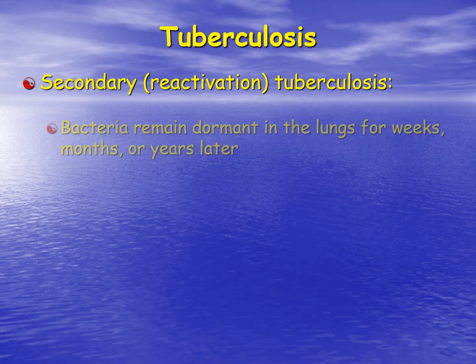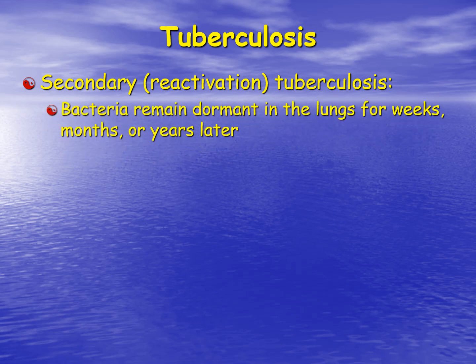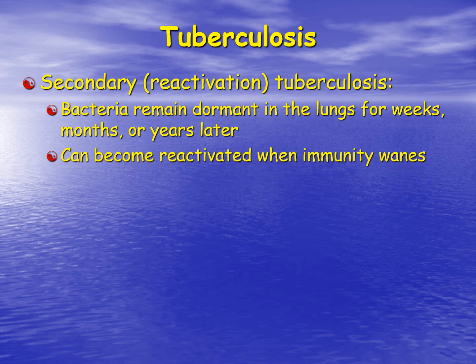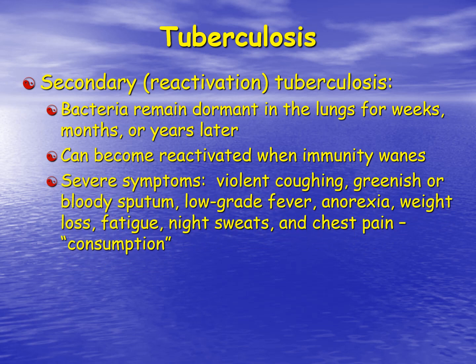In secondary or reactivation tuberculosis, the bacteria can remain dormant in the lungs for weeks, months, or even years. And then they can become reactivated when immunity wanes for some reason. Severe symptoms of reactivation tuberculosis include violent coughing, greenish or bloody sputum, low-grade fever, often anorexia with weight loss, fatigue, night sweats, and chest pains.